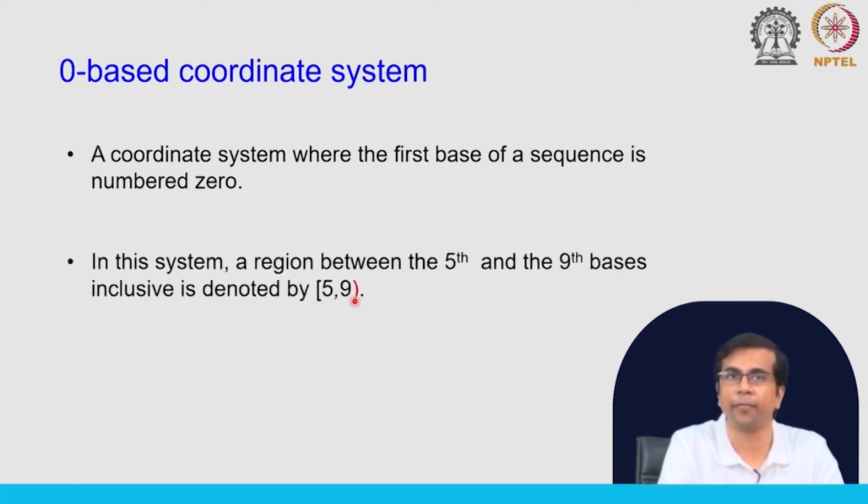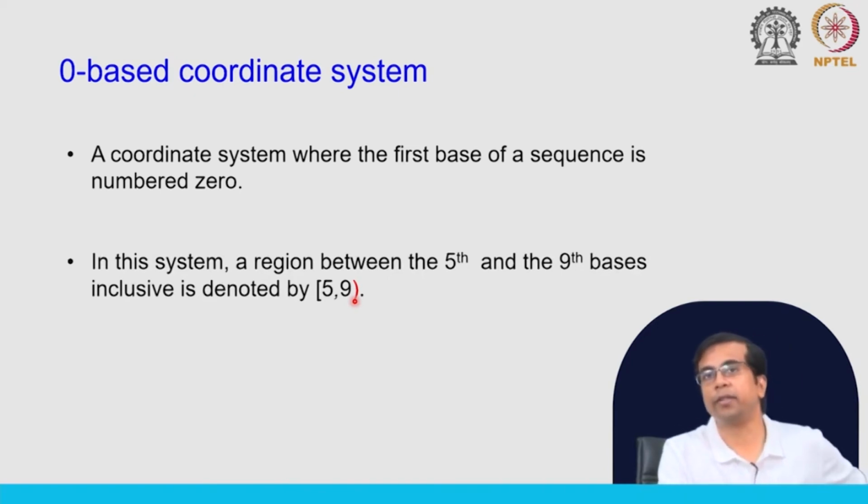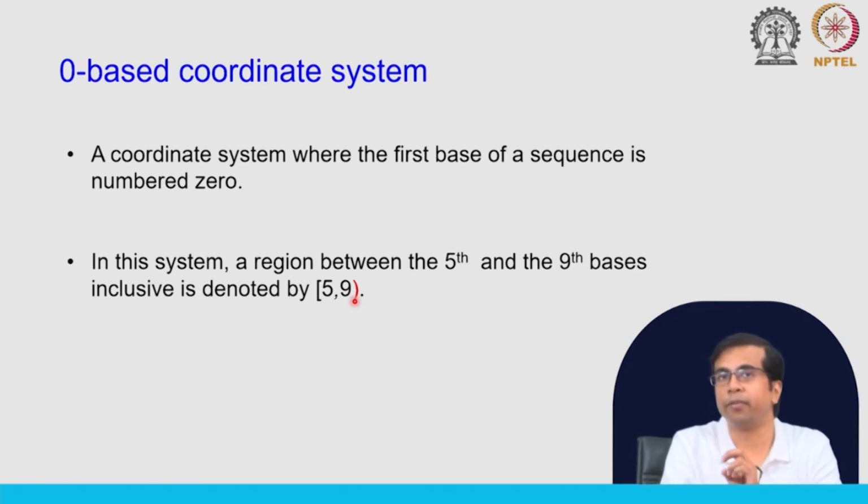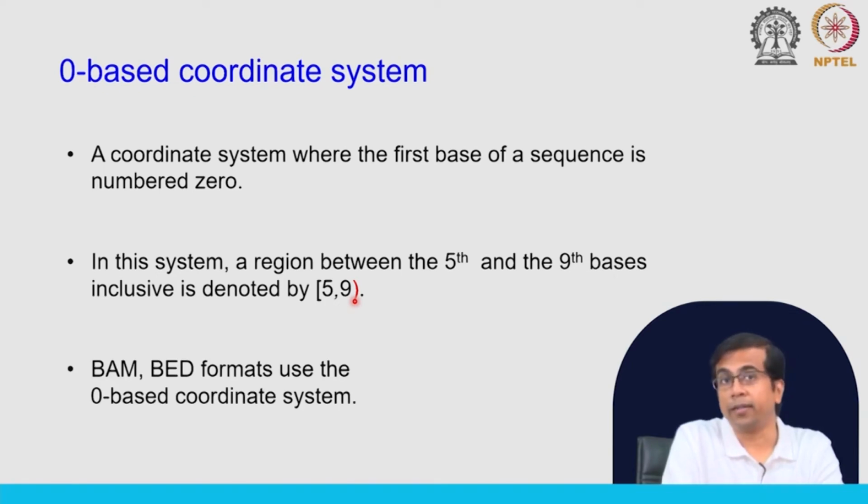In the same example, between the 5th and 9th base inclusive, in the zero based system this will be denoted by 5, 9 with an open bracket, not the closed bracket. Then the BAM and BAI formats, as well as other ones, use this zero based coordinate system. Again, this is important to know if you are working with these files and writing code to extract data from them.